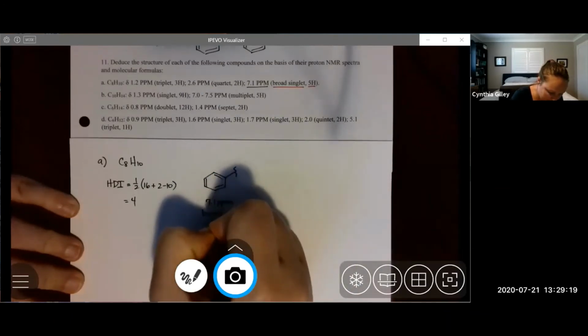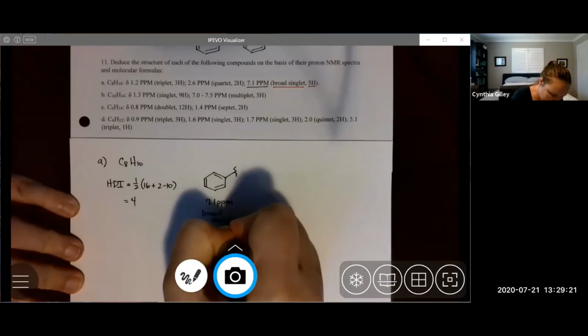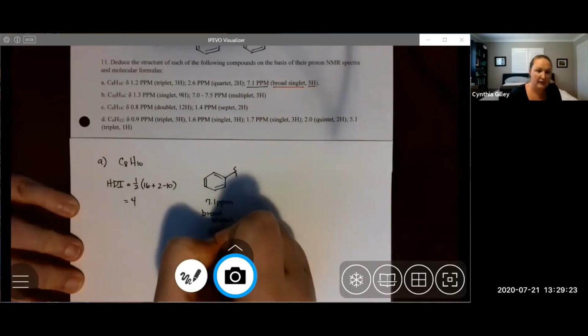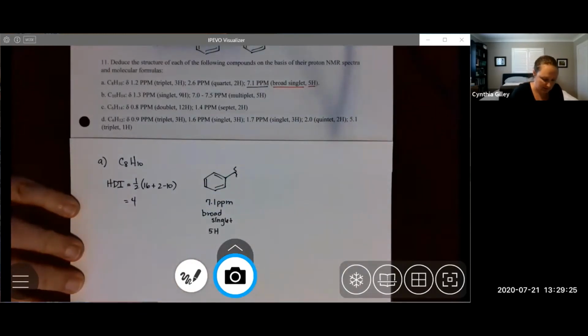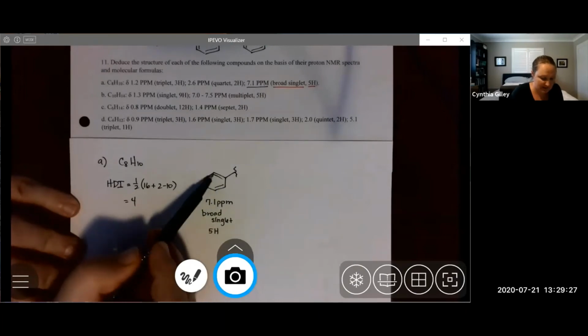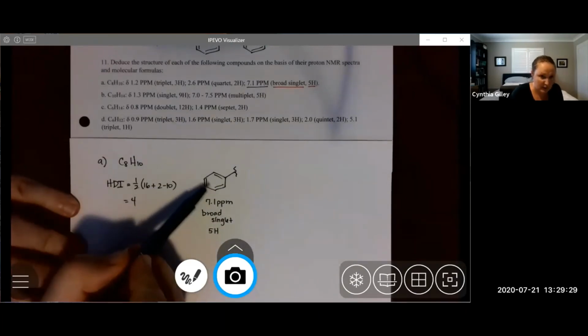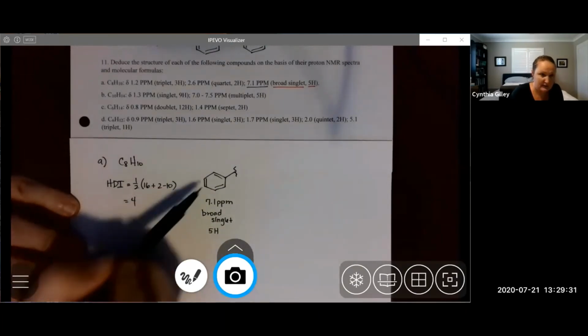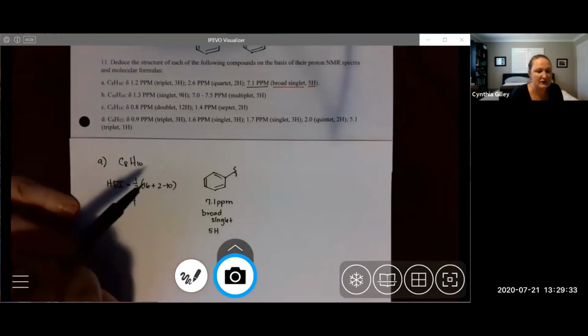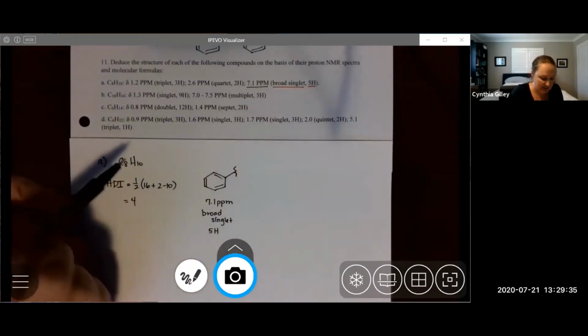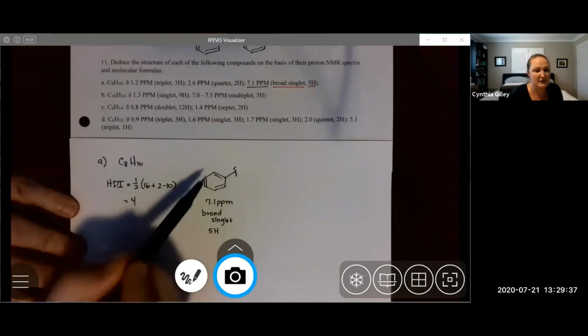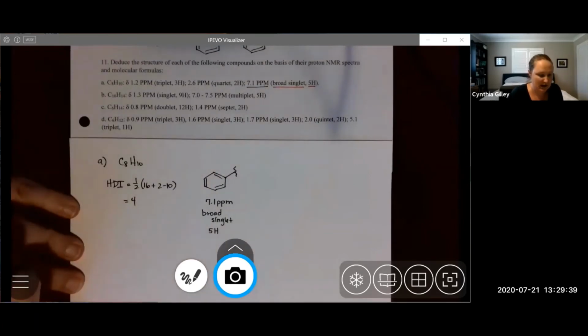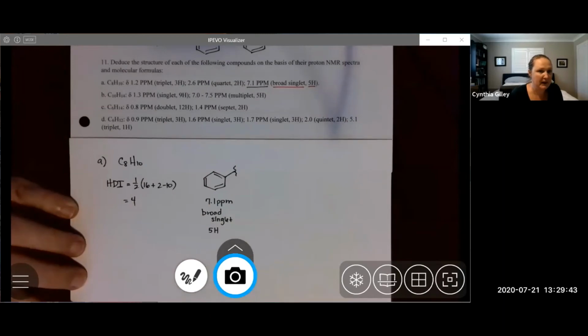Of course, in reality, there should be 3 different signals here, right? We have these 2 protons which are equivalent, those 2 protons which are equivalent, and then this one. So there's 3 different signals, it's just that they're not differentiated, so they might overlap, and that's why the aromatic region can be a little bit tricky that way.